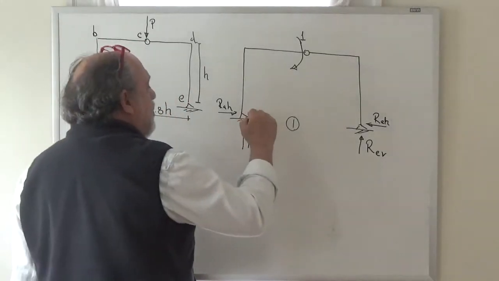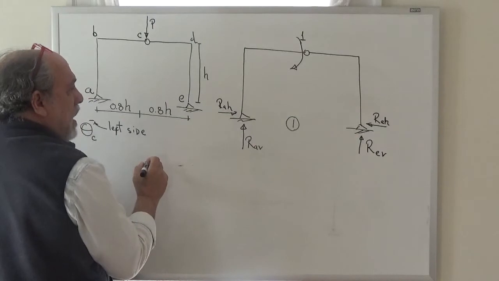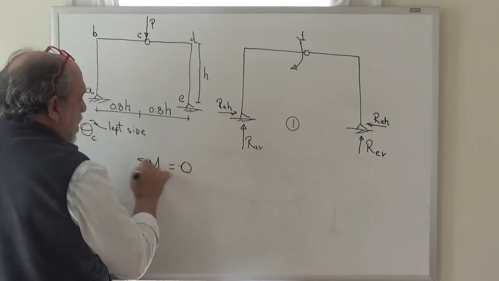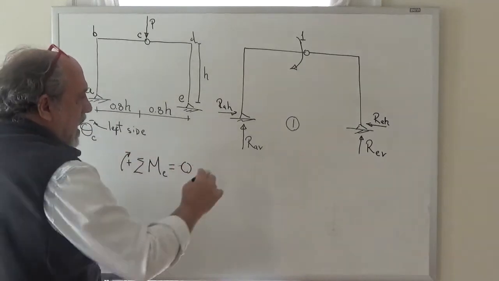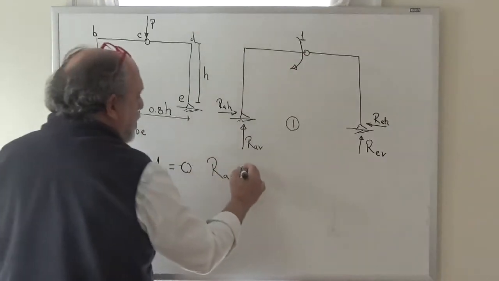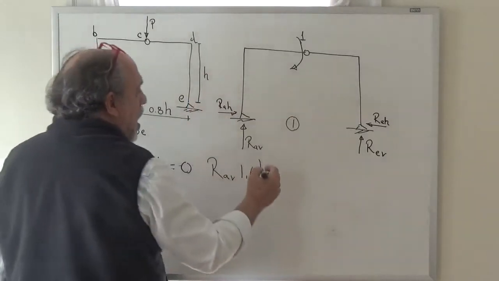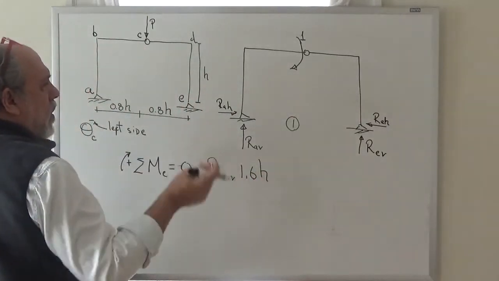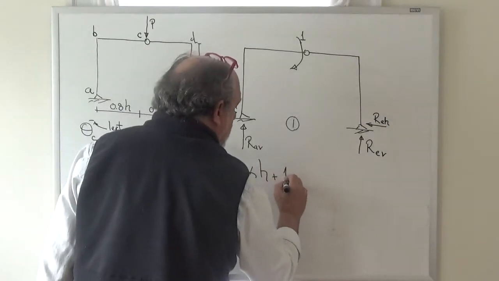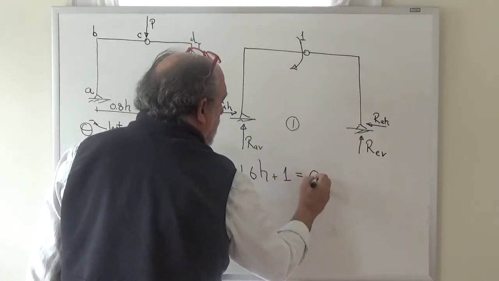So from a free body diagram of the complete structure, which in this case is the whole thing that we see here, I can say, for example, that sum of the moments about E is equal to 0, taking clockwise as positive, and I see that RA vertical multiplied times 1.6 H, that's clockwise, plus 1, because there's nothing else, since this RAH horizontal goes right through it, must be 0.